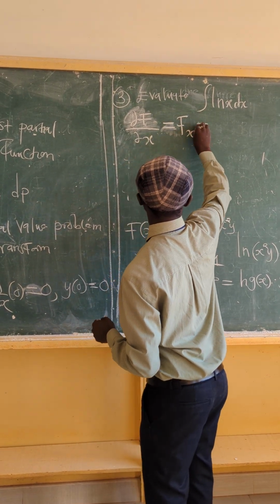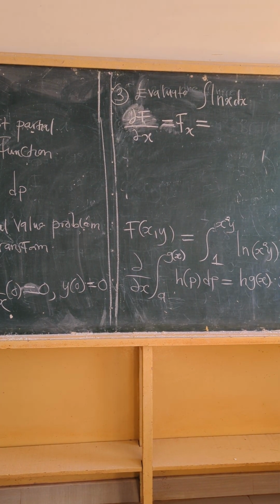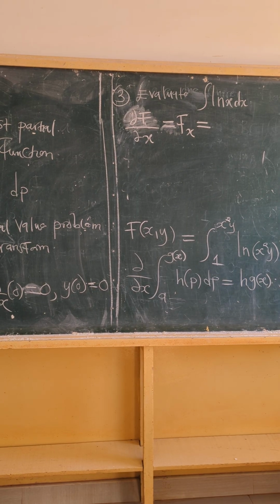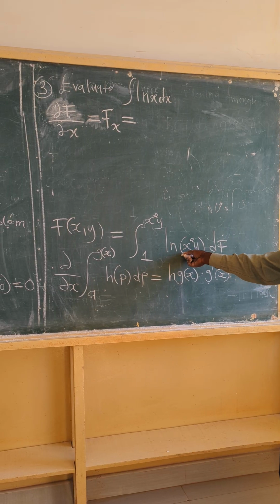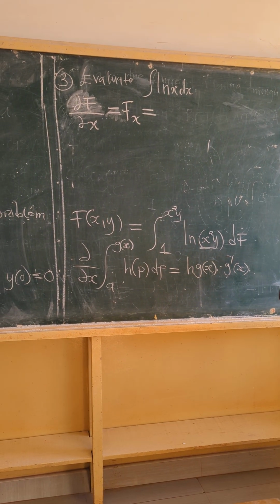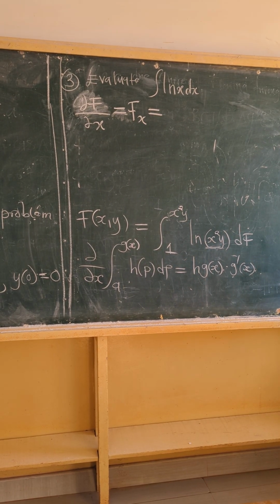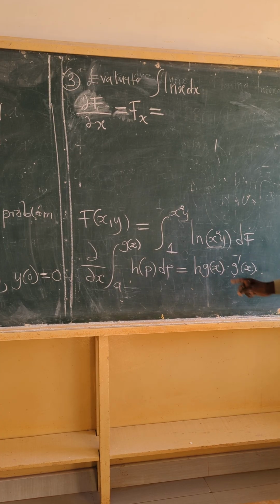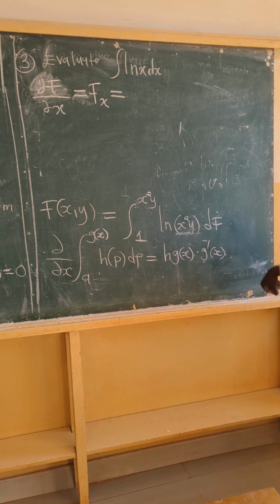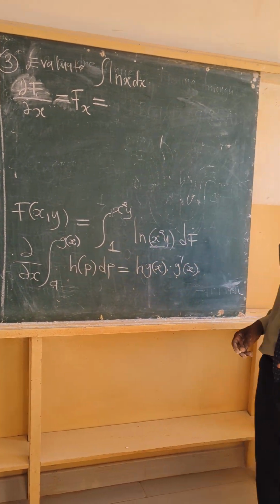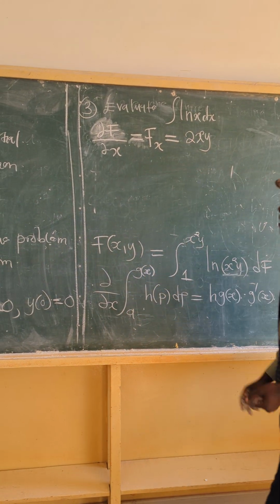We are going to differentiate this part, which is g of x, using the chain rule. When we differentiate with respect to x, we are only differentiating x, not y. When we differentiate x squared there, we get 2xy.